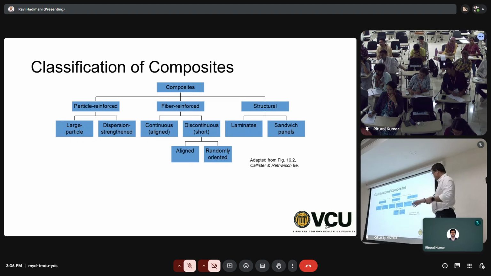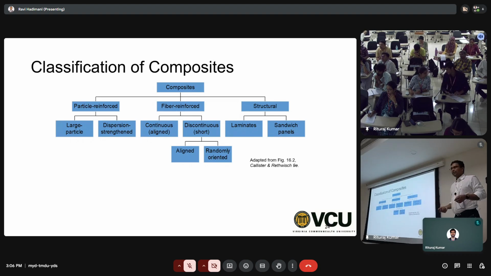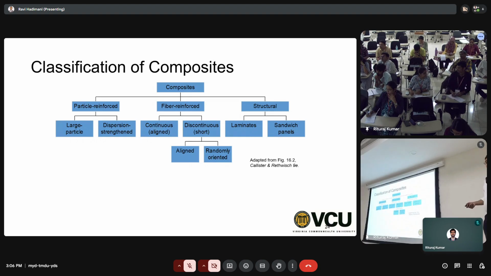So randomly oriented has better strength, but aligned is easier for predicting the property.